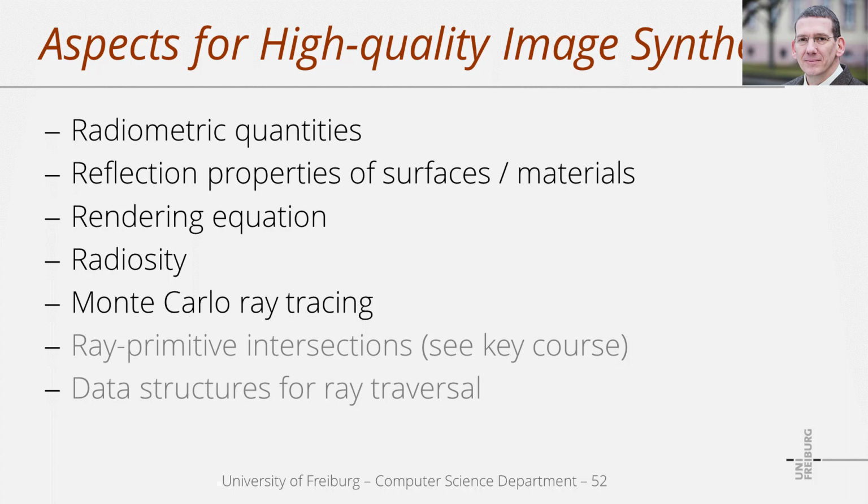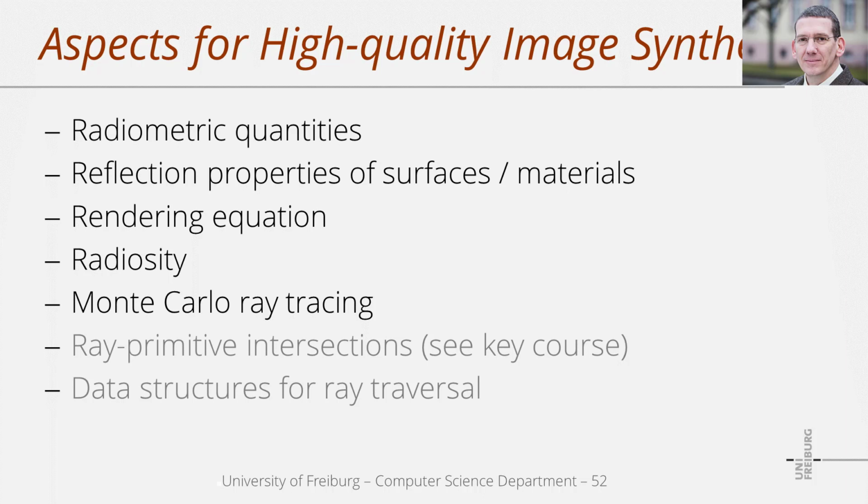Incoming light can be absorbed or reflected, and light can be scattered in different ways dependent on whether we have a shiny or a matte surface. From the representation of the reflection properties, we get to the rendering equation that models the light interaction at surfaces. And now we are prepared to compute the light transport in a scene, which is the basis for photorealistic renderings.